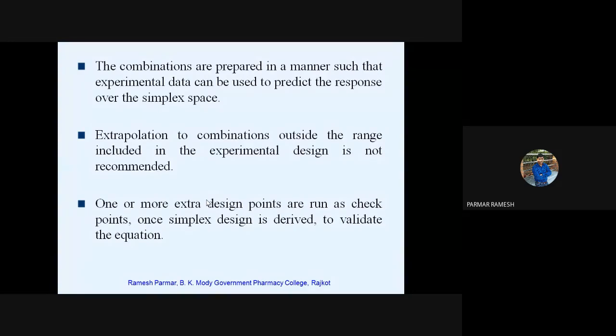And one or more extra design points are run as checkpoint batches once the simplex design is derived, to validate the equation. Normally, in any experimental design, it is required to validate the design, and in order to validate the design, we are preparing checkpoint batches.